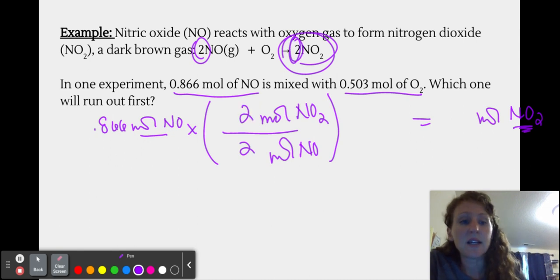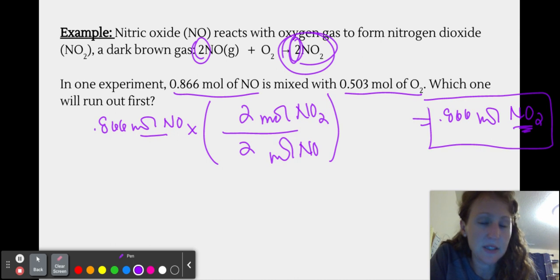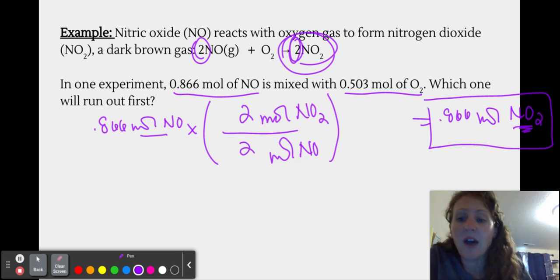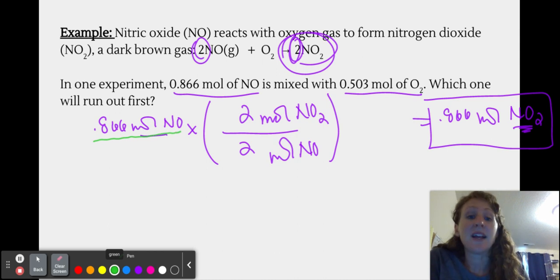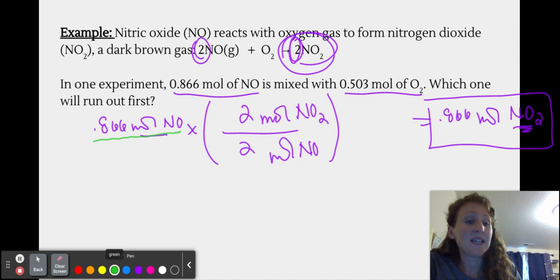And I get 0.866 moles of NO2. Now, the trick here is knowing what your answer means. So this answer means if I react all 0.866 moles of NO, and I have unlimited amounts of oxygen, I can make 0.866 moles of NO2.